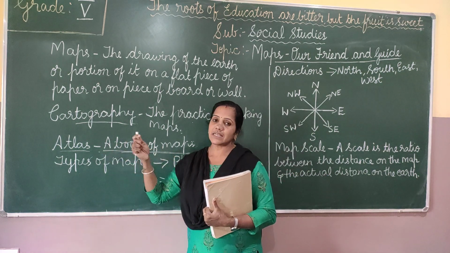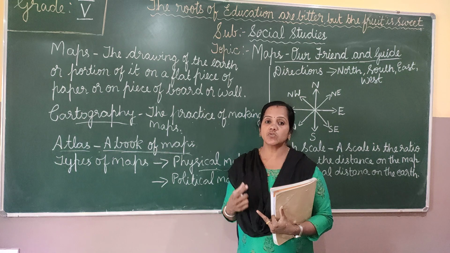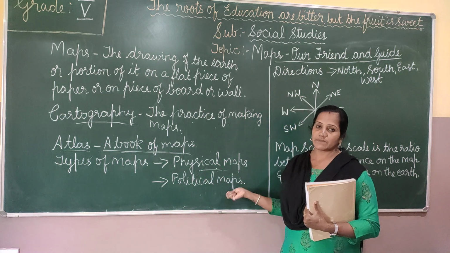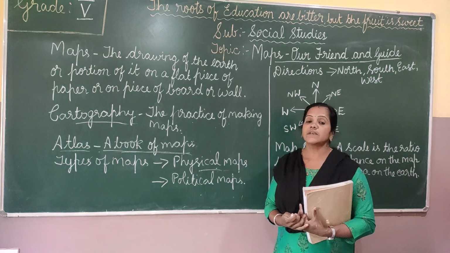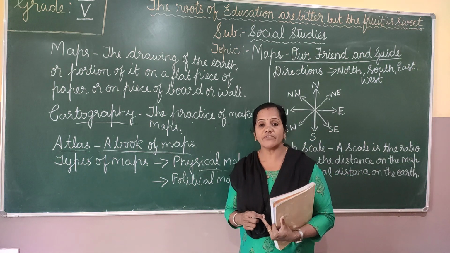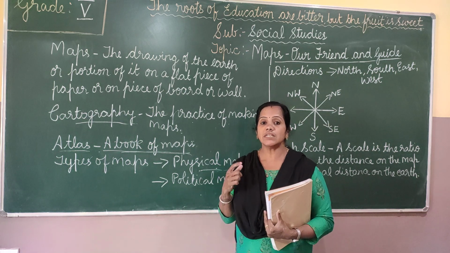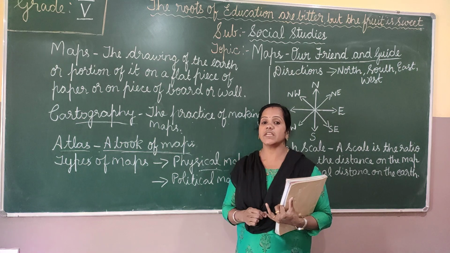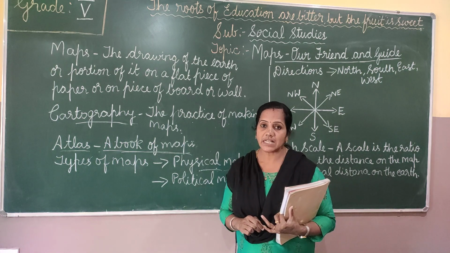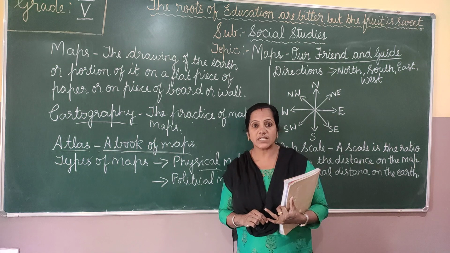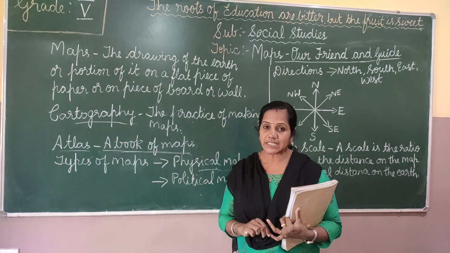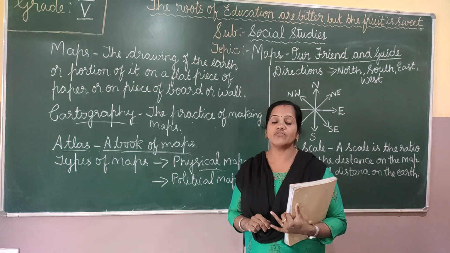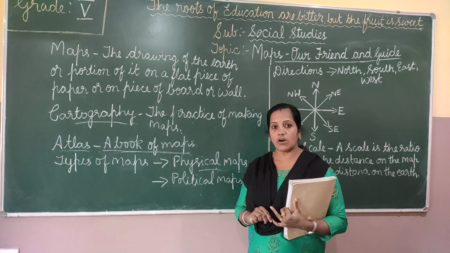The two main types are physical maps and political maps. What are physical maps? The maps which show the physical features of a particular country or place are called physical maps. They include rivers, hills, valleys, mountains, oceans, seas, etc. These are the physical features of a particular country or place.